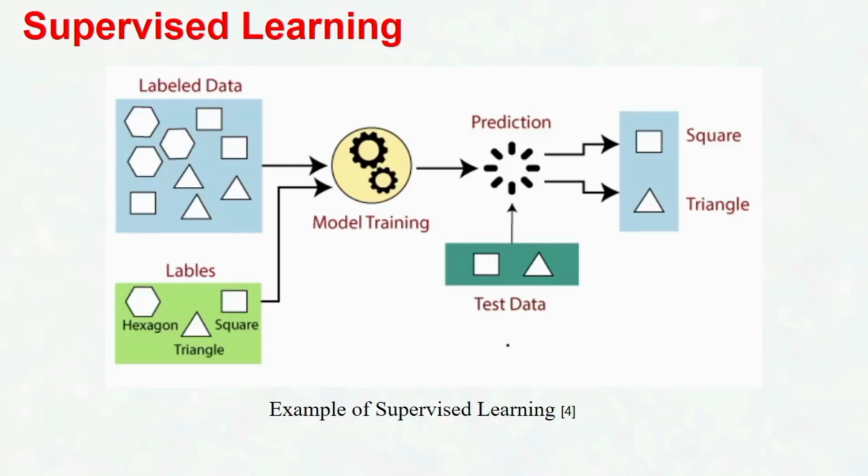So the model knows that an enclosure with 4 equal sides is a square, a shape with 3 sides enclosed is a triangle, and a shape with 6 sides is called a hexagon. When test data is given to the model, the prediction algorithm gives an output with the label identifying the shape as a square or a triangle respectively.